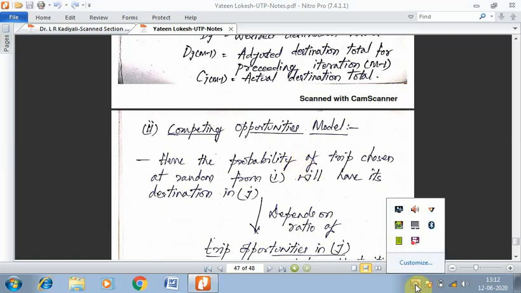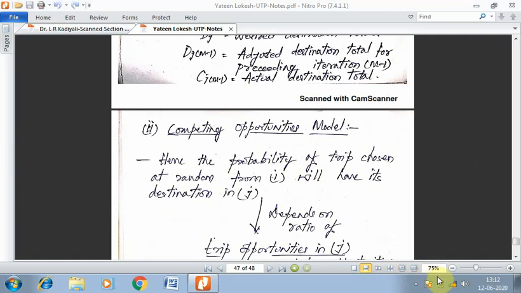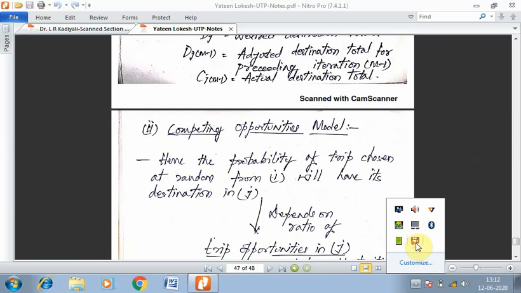Next we shall discuss the competing opportunity model, which is again similar to what we have studied about the intervening opportunity model.